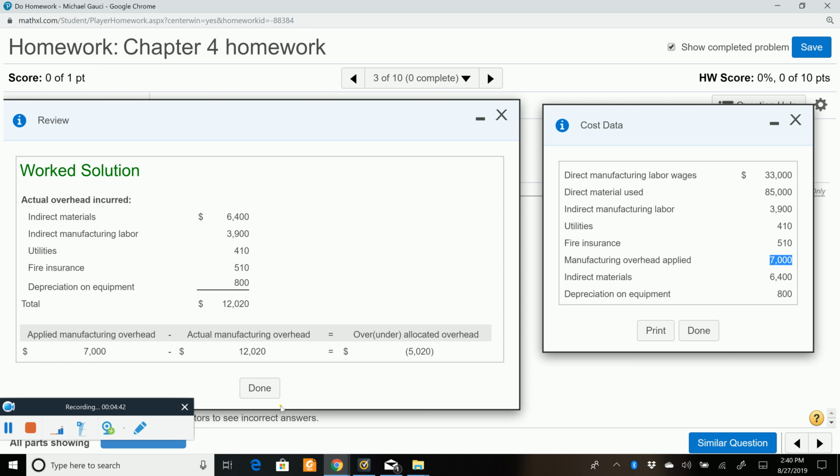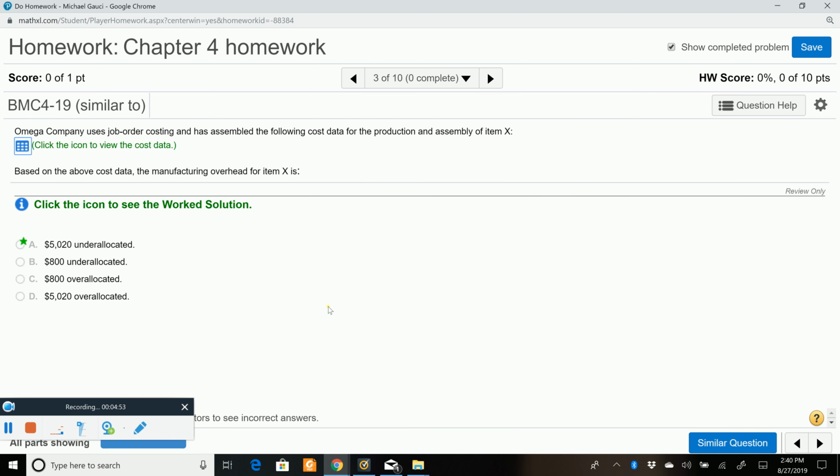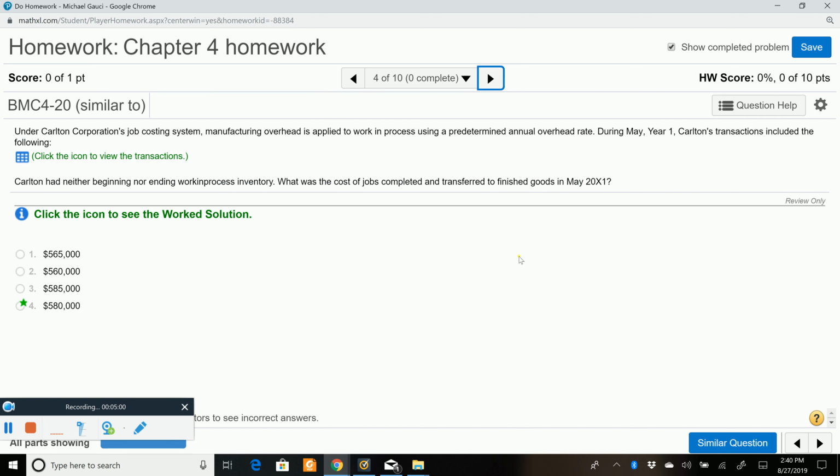That under applied would actually have to be adjusted in a journal entry at this moment in time at the end of the year. Okay, but this homework example is making sure you understand how to calculate over or under applied, or over or under allocated, as your textbook calls it.